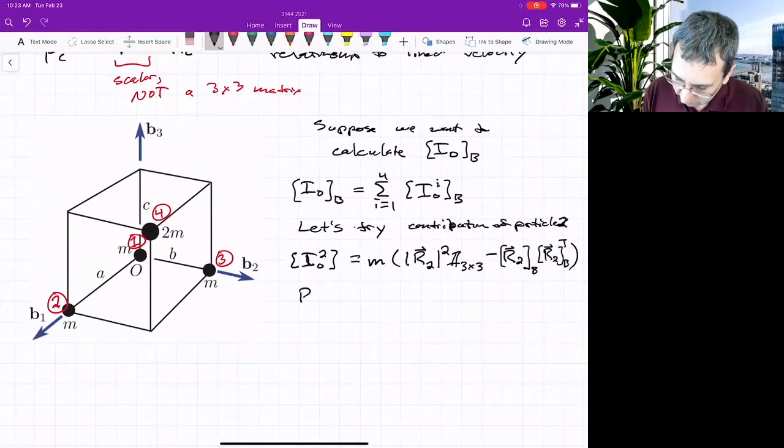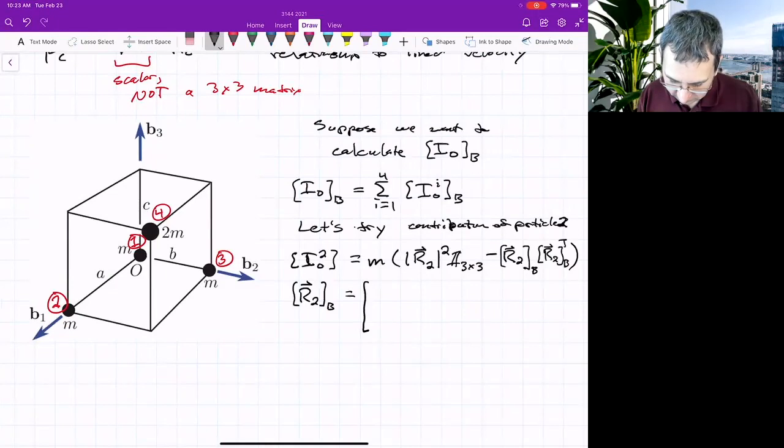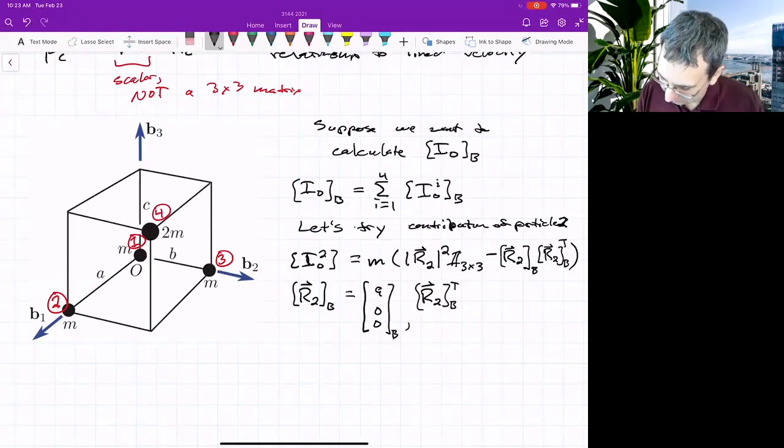Okay, what is r2 in the B frame? It's just a distance a in the B1 direction, and then everything else is zeros. And what is r2 B transpose? Let's remind ourselves it's in the B frame. This is a row vector.